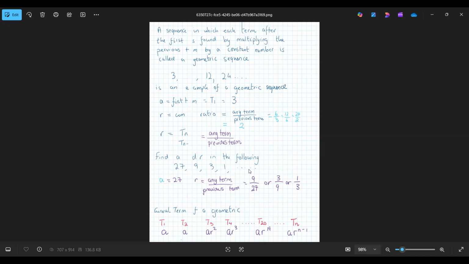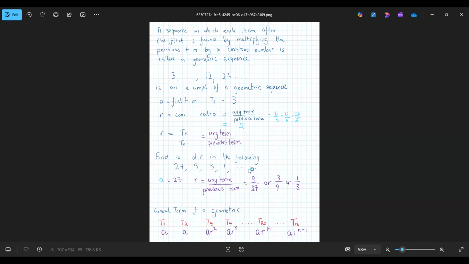The good thing is that once you establish what the common ratio is and you know what the first term is, that's basically all you need to tell us what the nth term would be. But this question is not after the nth term. We just said find A and R, that's the common ratio.